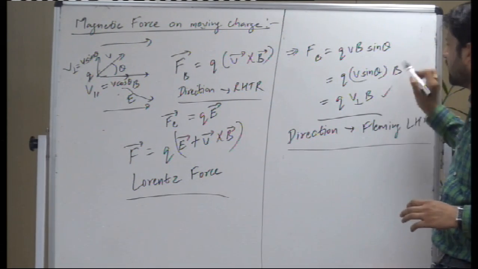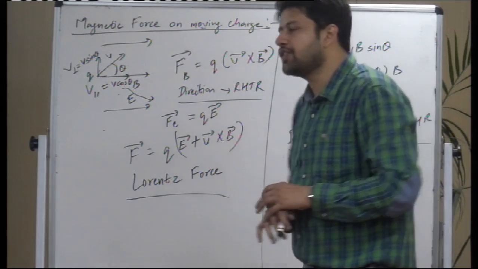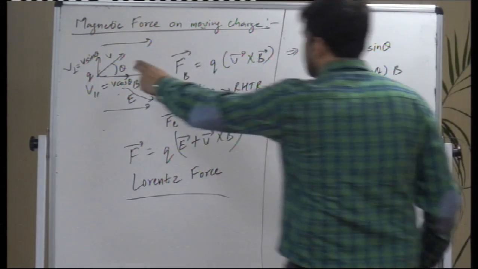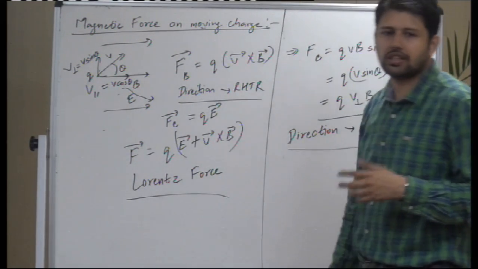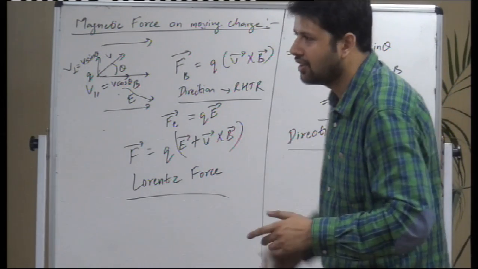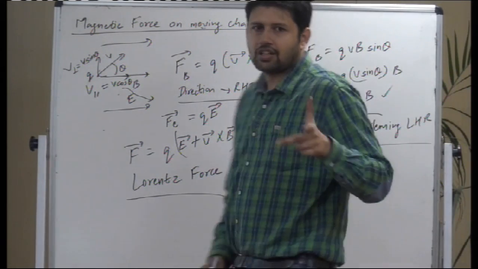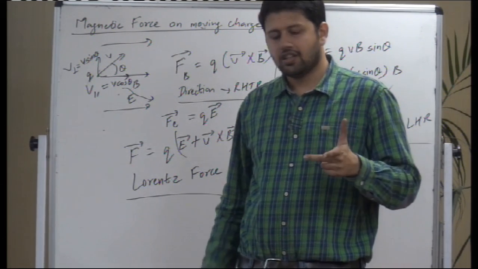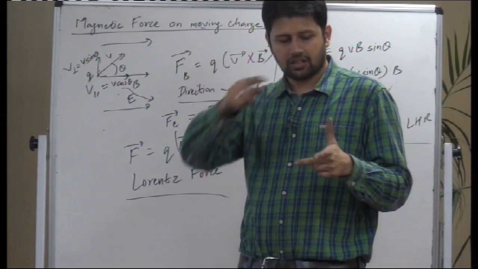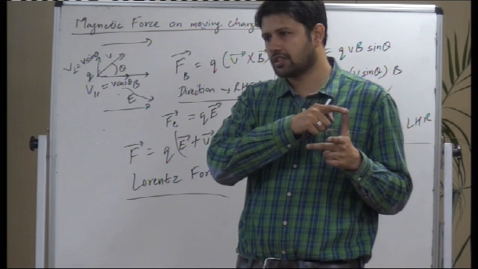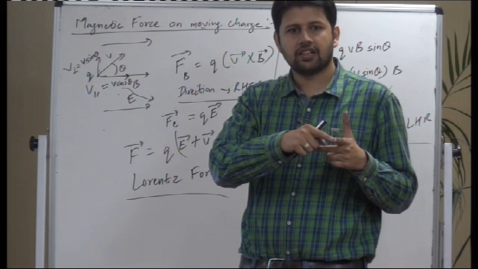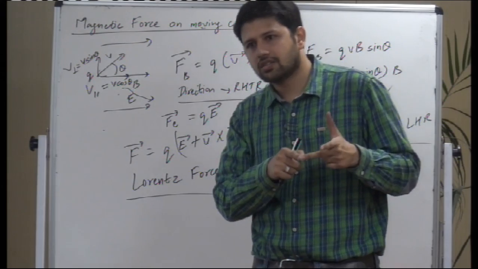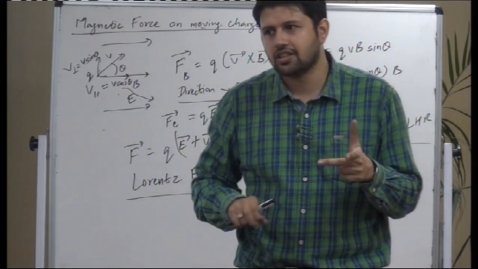Only the perpendicular component plays the role. You stretch the fingers out like this. The thumb is for force, this is for magnetic field, and this is for current or charge, the direction of motion of charge.